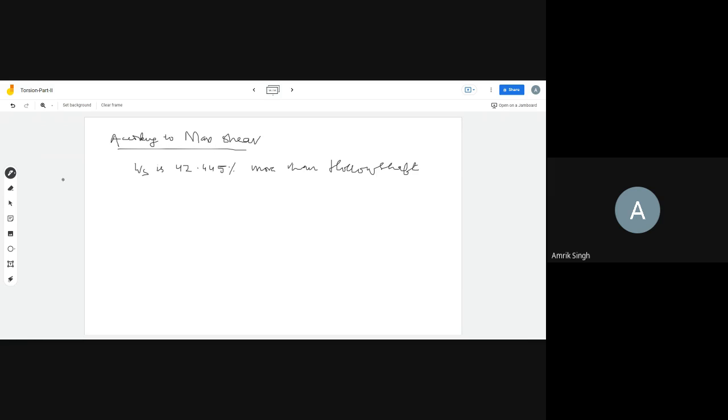This is if you go by the maximum shear criteria, and if you go by the angle of twist criteria, then the weight of the solid shaft is 45.77% more than the hollow shaft.